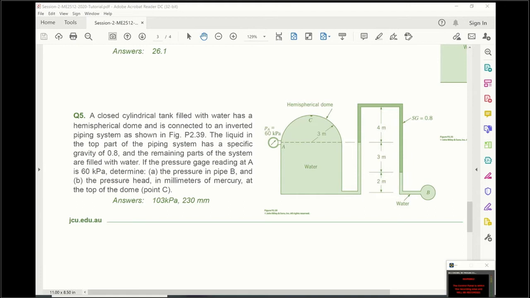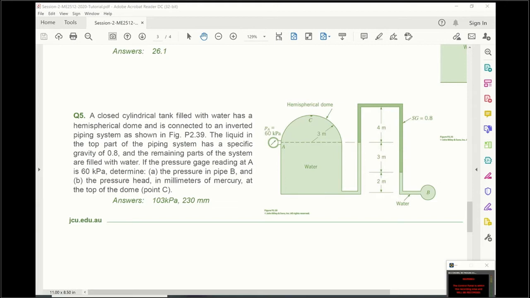Simplify this as a pipe, because we don't have that. So PA plus this equals, yeah, that's good. Simplify.